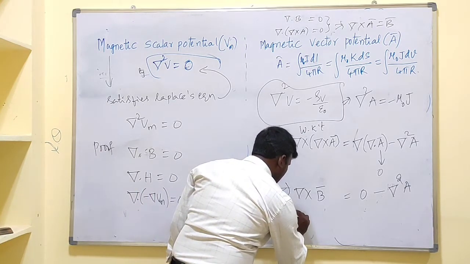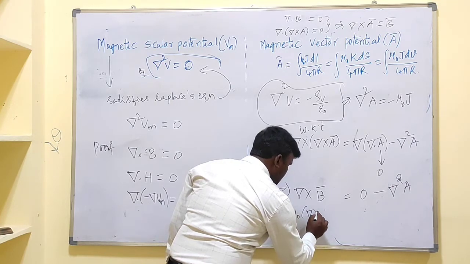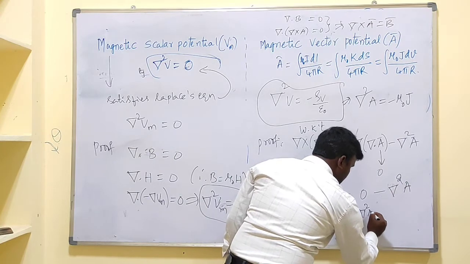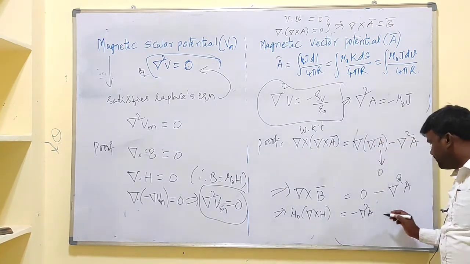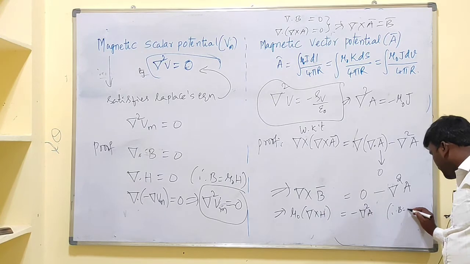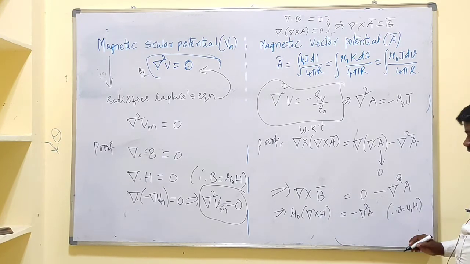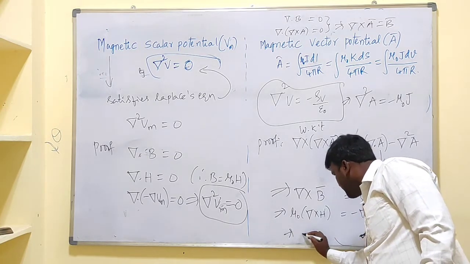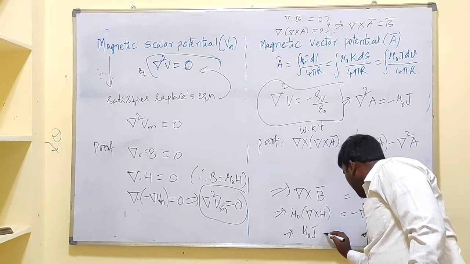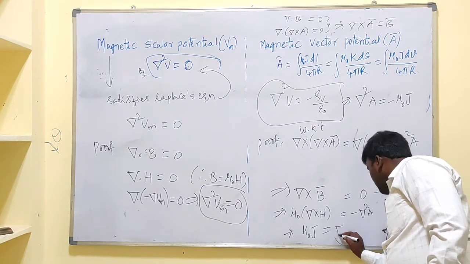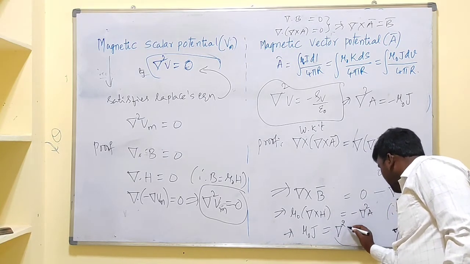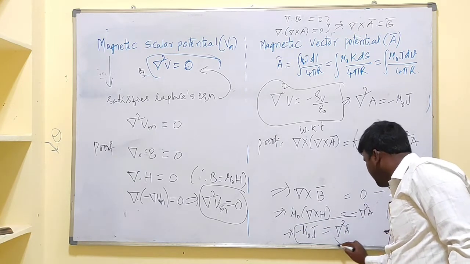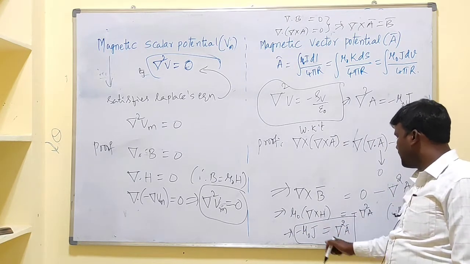Del cross, that is mu naught into del cross H, is equal to minus del square A. Since the reason is B equal to mu naught into H. But del cross H equal to J. That is mu naught into J, and multiply with the negative sign on both sides. We will get negative into negative, that is plus, del square A equal to minus mu naught J.